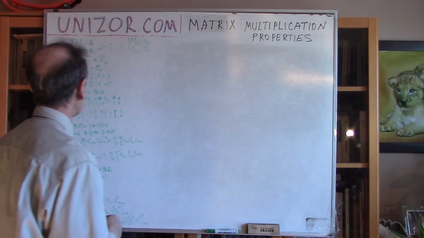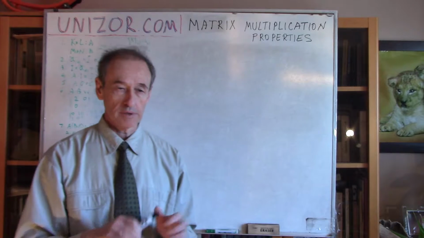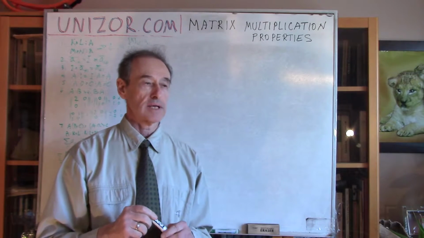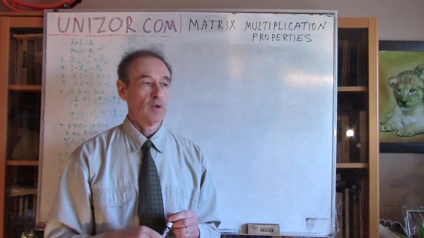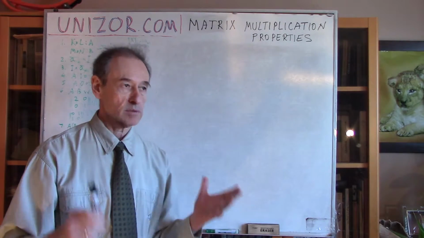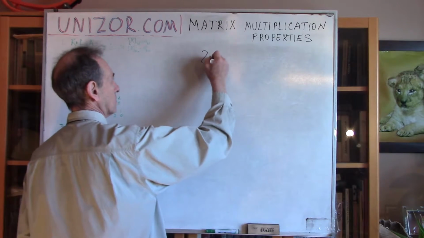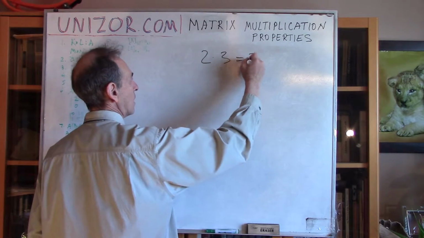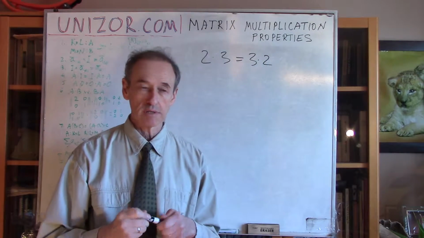All right, now the last thing which I wanted to talk about in this presentation, the last property, is commutative property. Well, we know that multiplication of numbers has this property. Numbers are commuting if we multiply them. How about matrices?